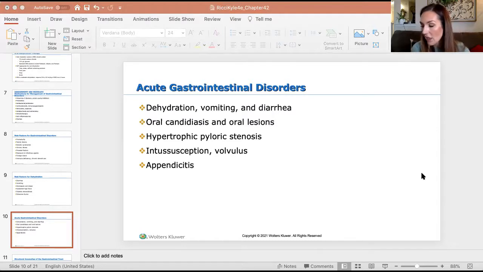So GERD is gastroesophageal reflux disease. We see that oftentimes in adults, but you're going to see that a lot in our kiddos. Basically, gastric contents reflux back into the esophagus, and it can cause mucosal injury due to the acid levels in our stomach.